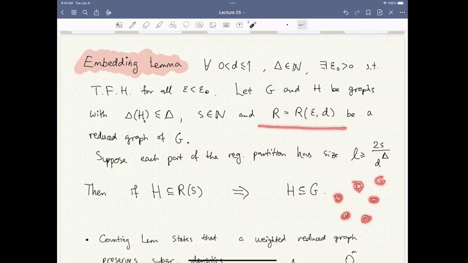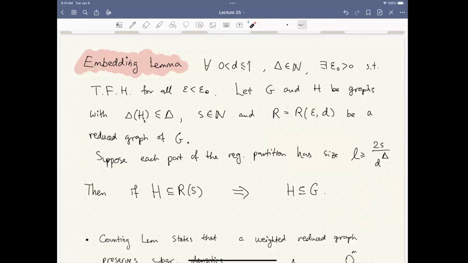You put an edge between two corresponding clusters in the reduced graph if and only if the pair is regular and dense. And for this graph R, the regularity lemma and counting lemma say that the reduced graph R preserves the essential information of G in terms of subgraph density.